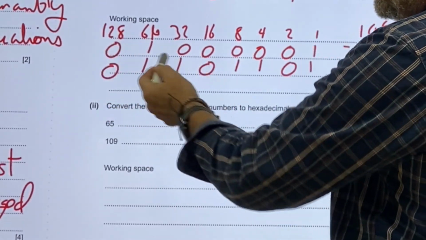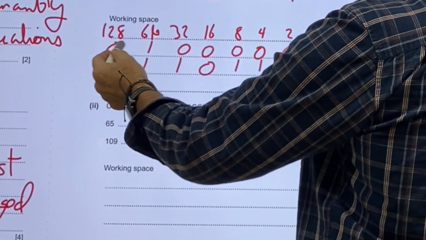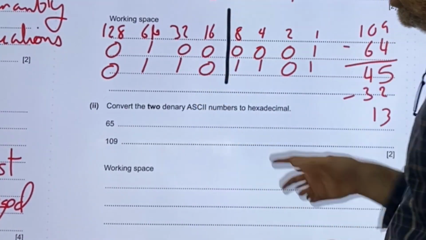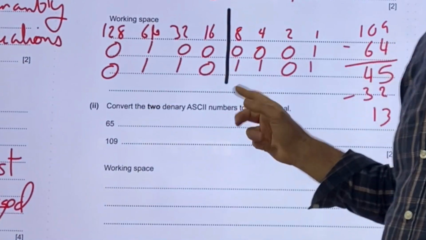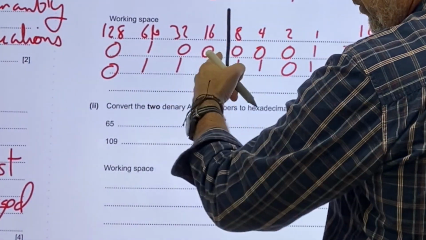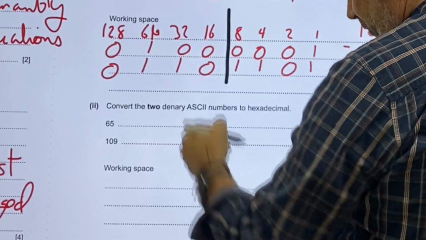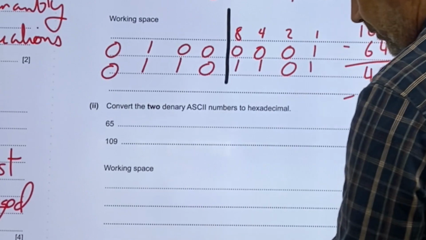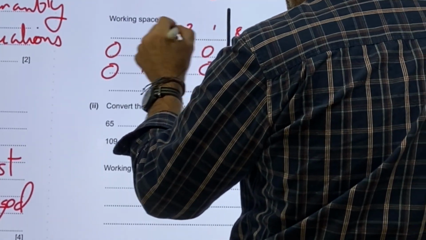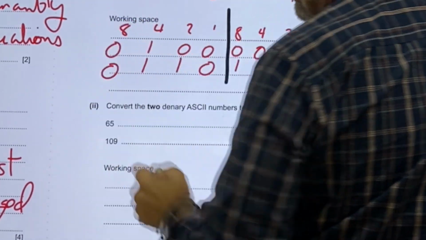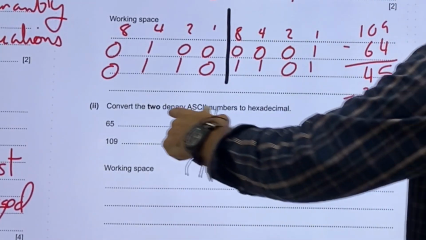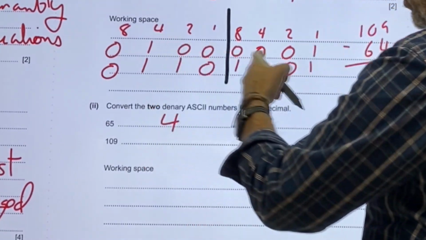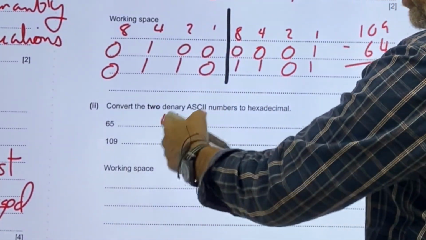If I take these numbers here and I split them into 2 nibbles, on this side I've got 0, 1, 0, 0. So let me just rub this out and split them into 2 nibbles. So I've got 1, 2, 4, 8 again. So now on this side, I've got 4, and I've got a 1. So the number there would be 41.